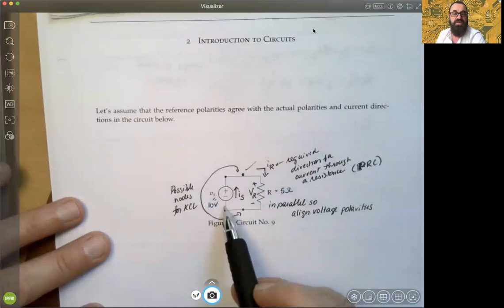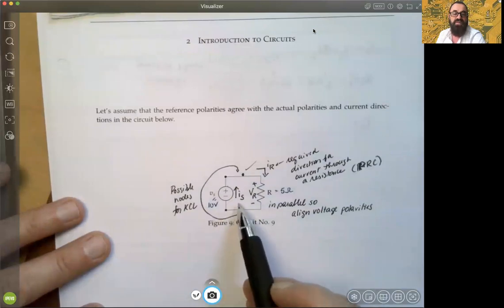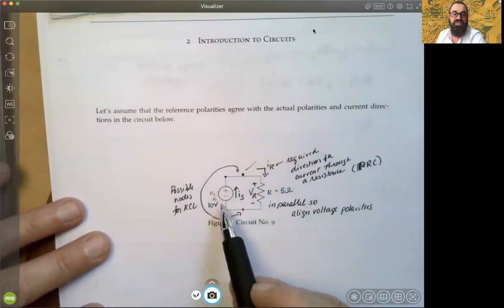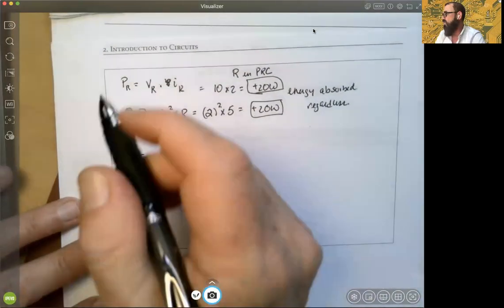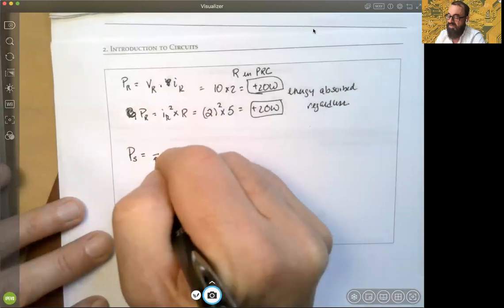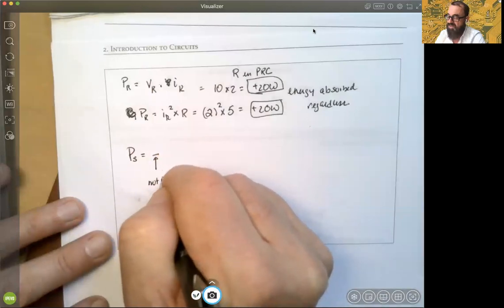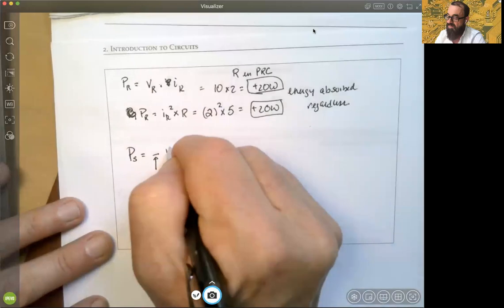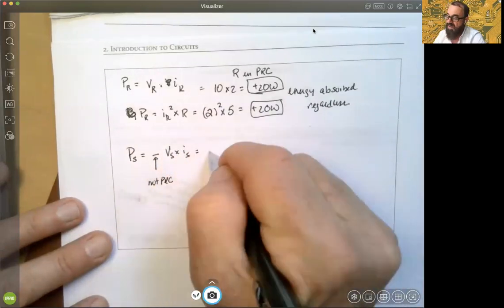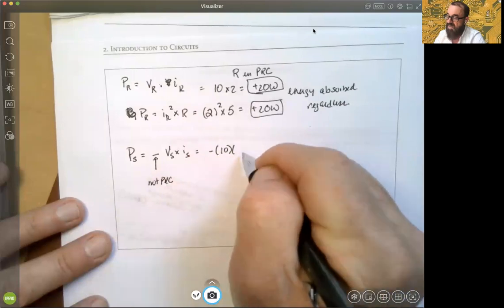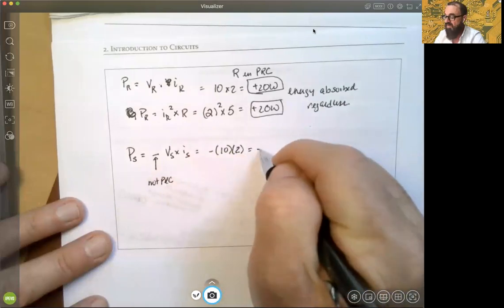Ask yourself, is it in PRC? The representation of the current direction looks like it comes in the negative initially, not the positive. So we need to insert the negative sign because that is a representation of not PRC. It's voltage times its current. Well, it's the same values again. It's minus 10 times 2, and we get minus 20 watts.